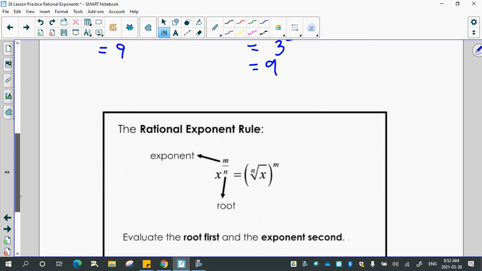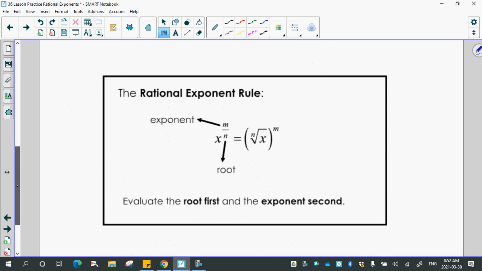So there's that given to you in a little box here. If you have x to the m over n, it's the same thing as the nth root of x to the power of m. And then there's also another version of this, which may help you in simplifying things, also next year with logarithms.